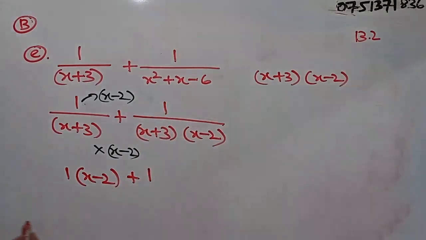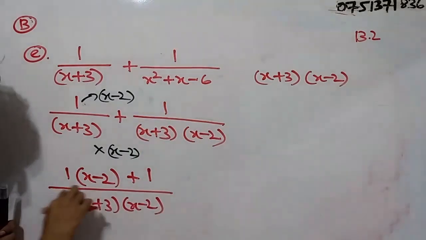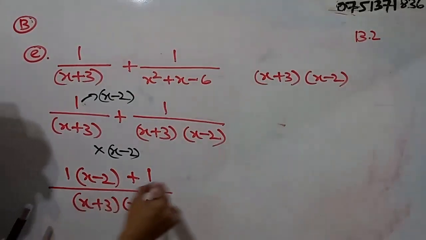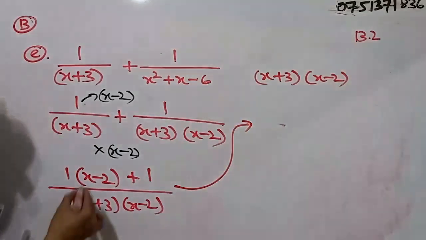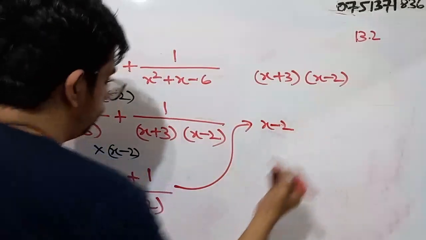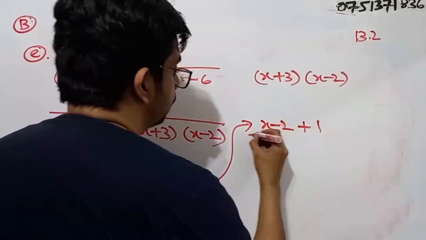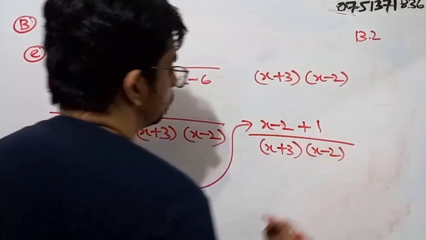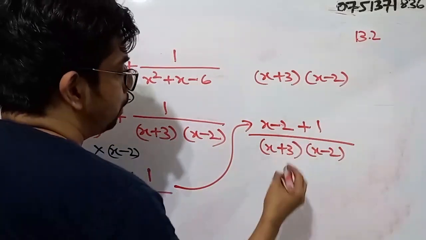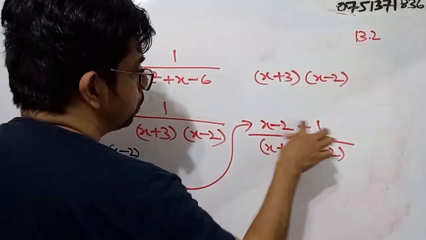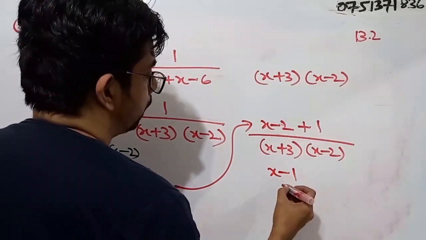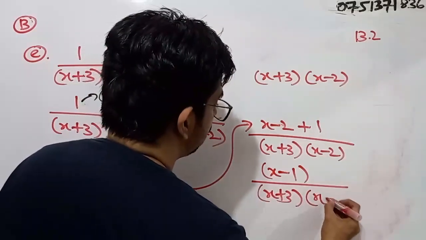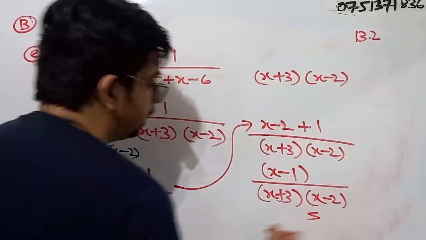We can simply write 1. Then we can write the entire expression divided by x plus 3 into x minus 2. So we will simplify this a bit. We are getting x minus 2 plus 1, the entire expression divided by x plus 3 and x minus 2. We can simplify a bit more. Here we have a minus 2 and a plus 1, so the outcome is x minus 1. Divide by x plus 3 and x minus 2. So this should be the answer.